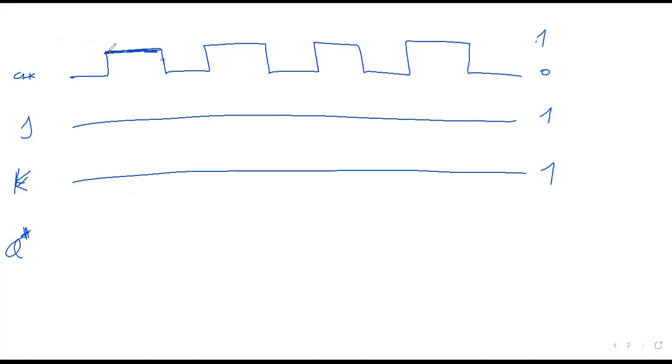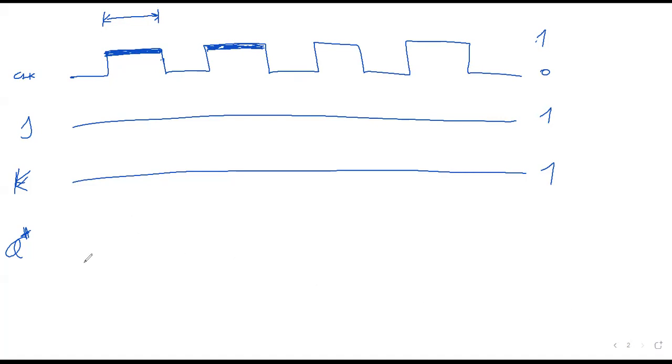It means there is a change of state here, and here, and so on. If the duration of the clock where there is need to change state is far greater than the delay of the JK flip-flop.